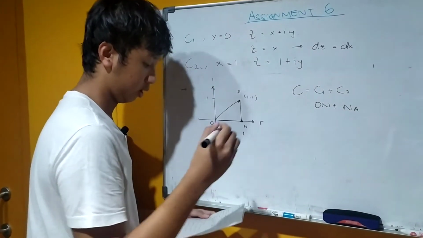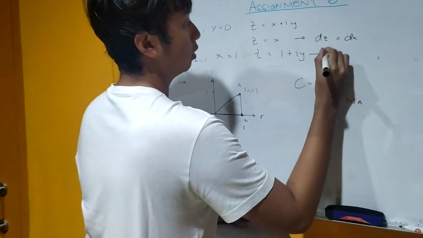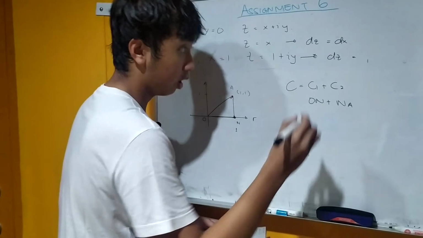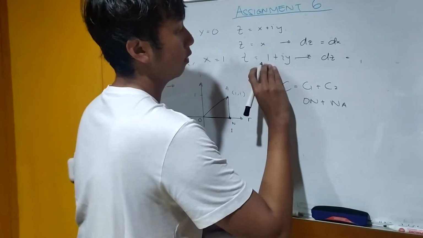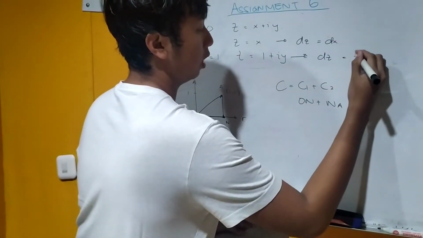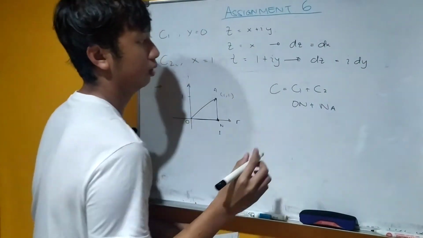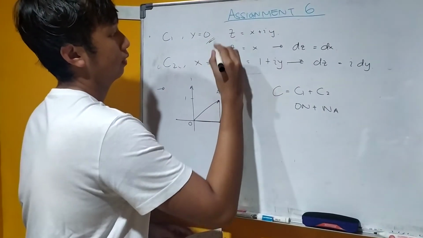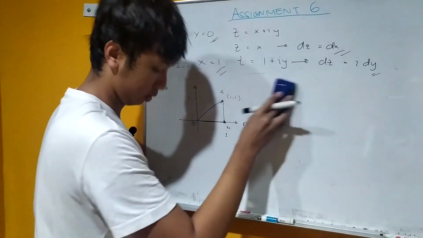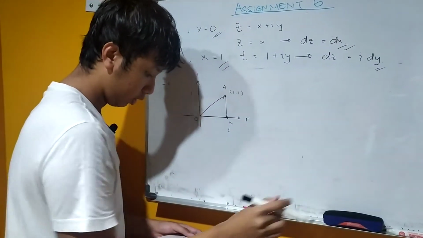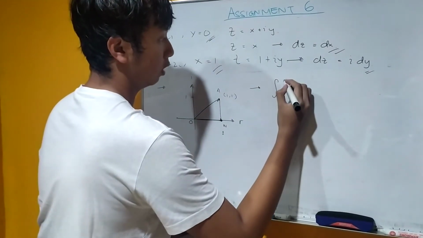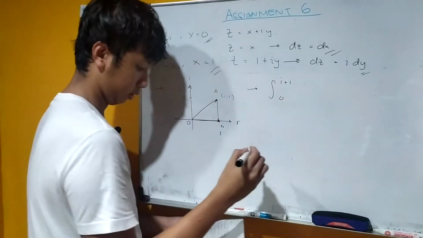Now we want to find dz also. The derivative of z will be, the derivative of 1 is erased, only i dy. So we will save all these values to use later. The final equation will be the integration of i plus 1 and 0.